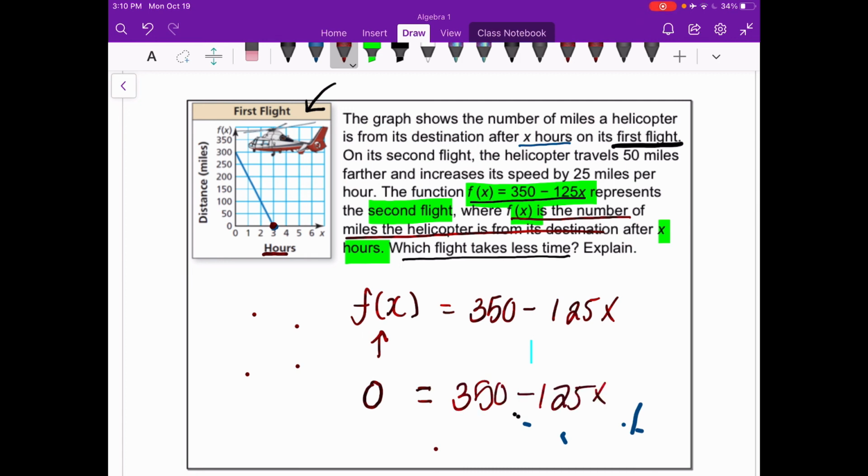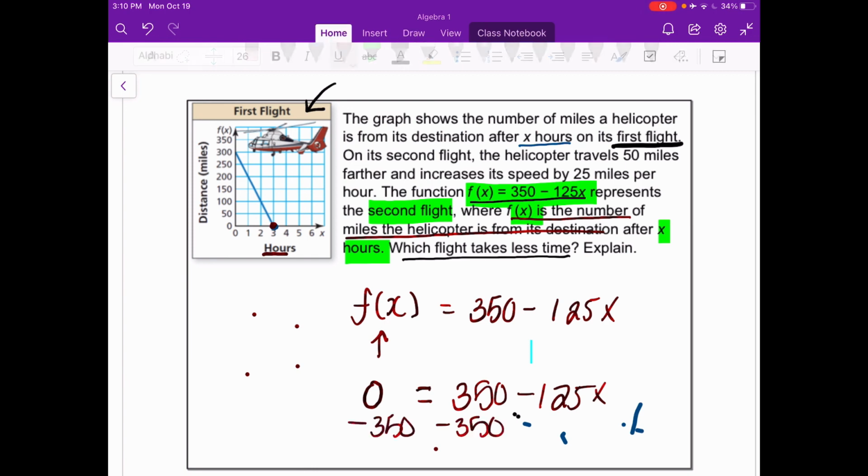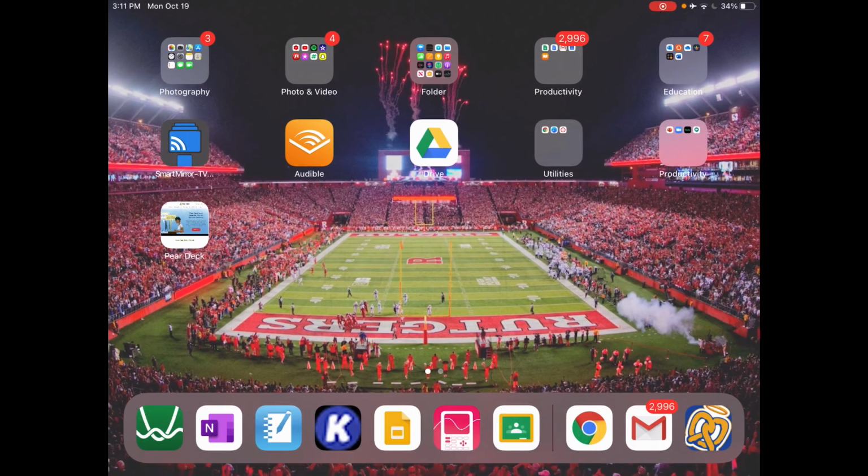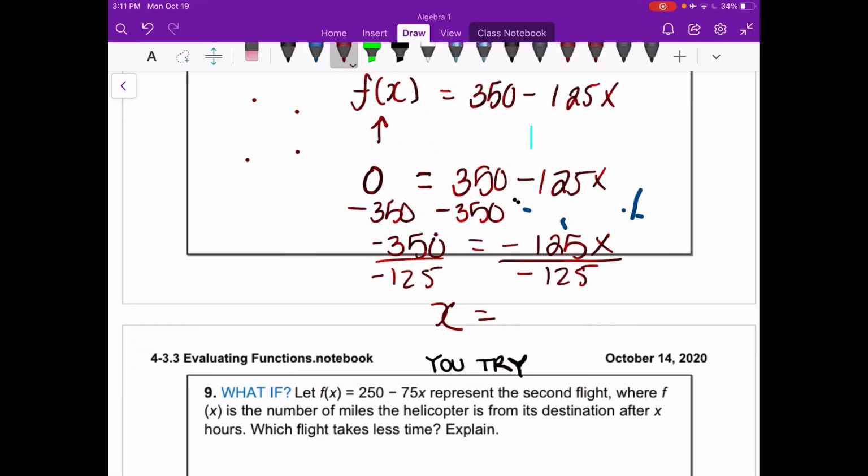Our first step to solve this equation is subtracting 350. Once you do that, we have negative 350 is equal to negative 125x. Once you're done, divide by negative 125 on both sides, and you'll get that x is equal to, use your calculator.